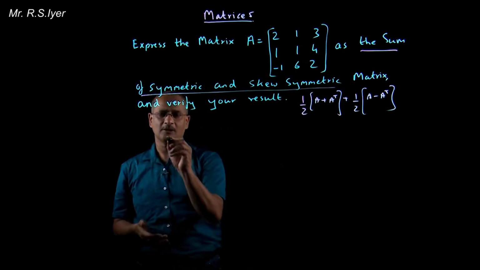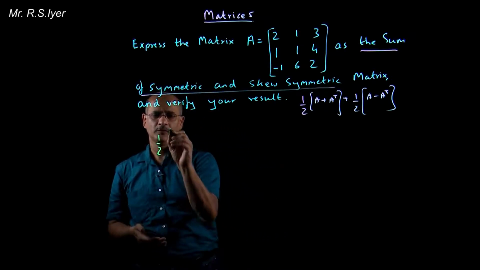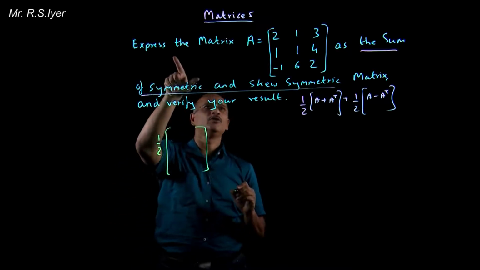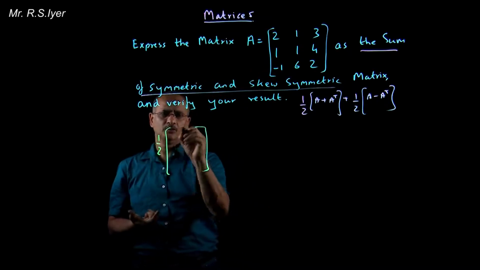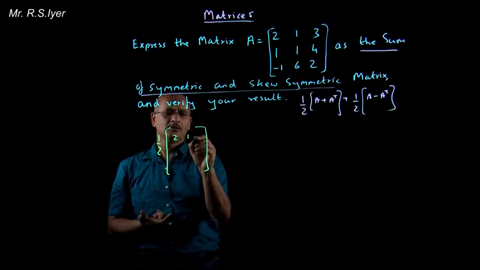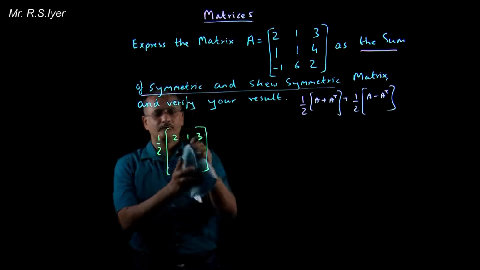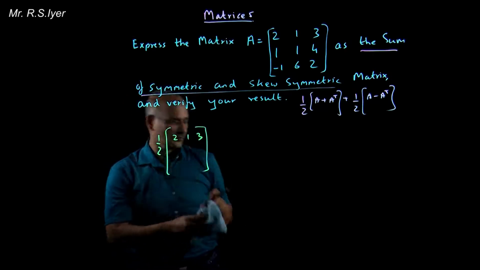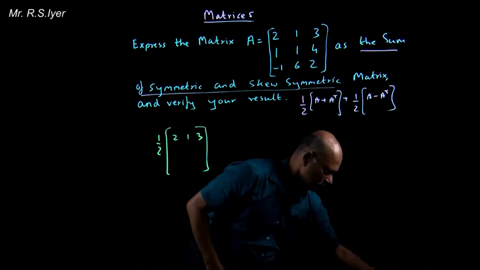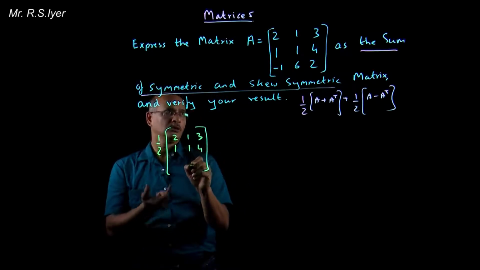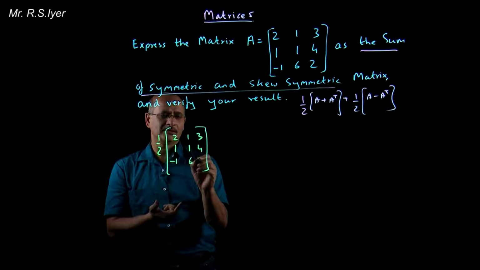So first, as I have to express it as a sum of the symmetric and skew symmetric, just get it down here. So half A plus AT. A matrix is given to you: 2, 1, 3, 1, 1, 4, minus 1, 6, 2.